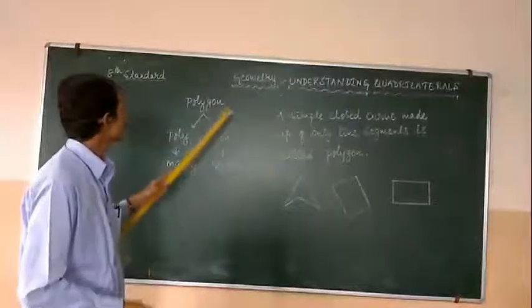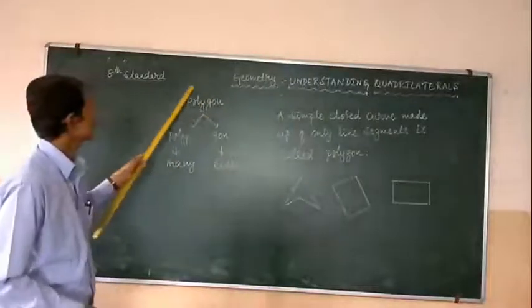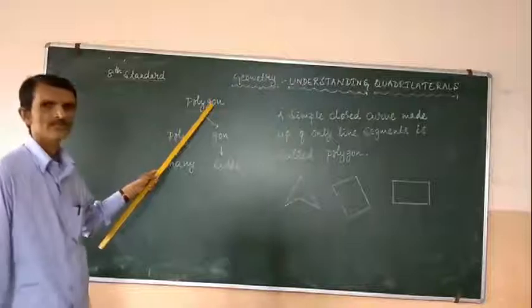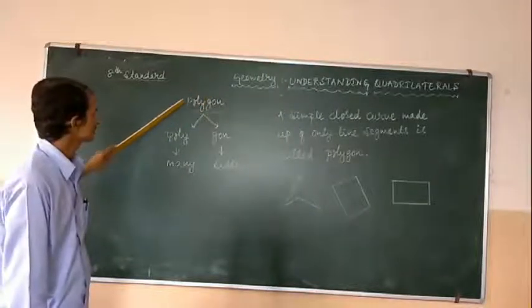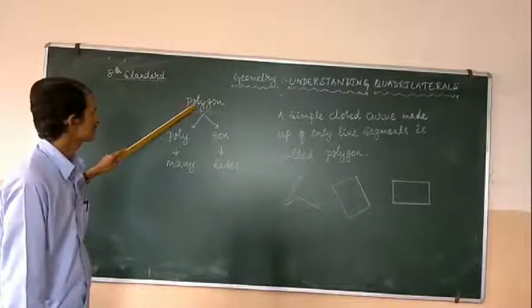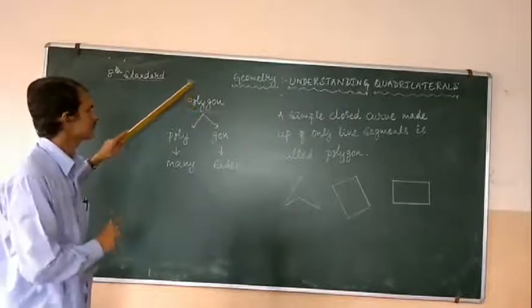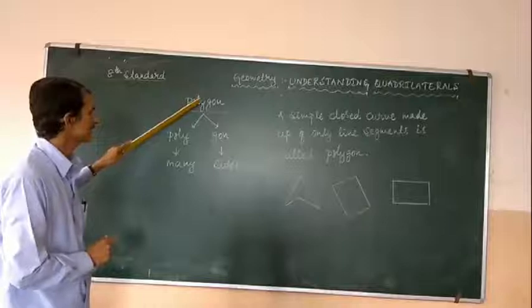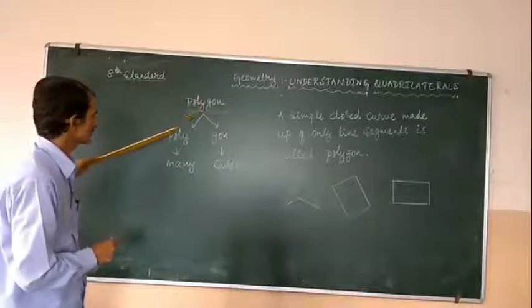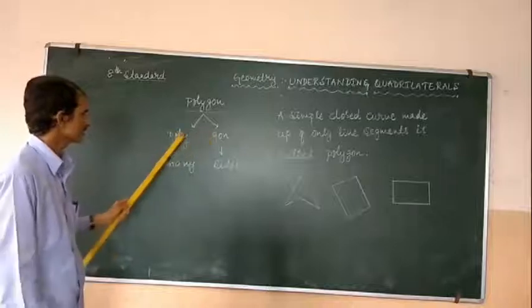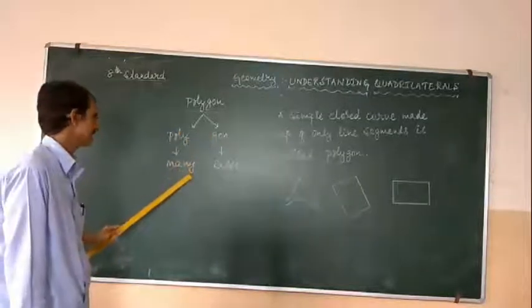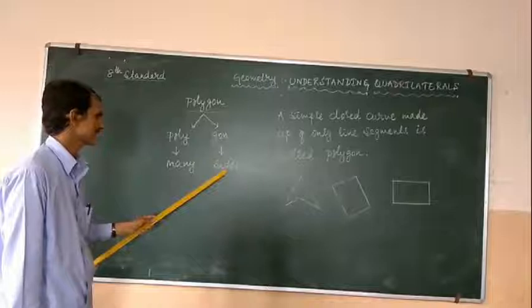Students, the word polygon consists of 2 words, poly and gon. Poly means many, gon means sides.